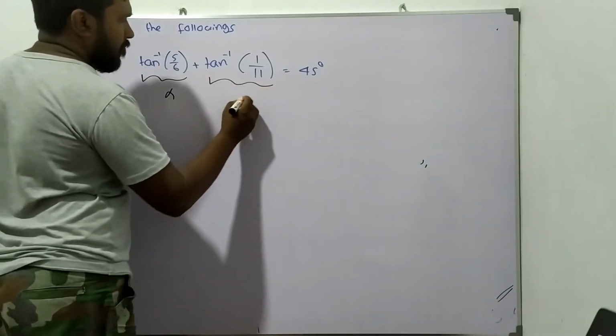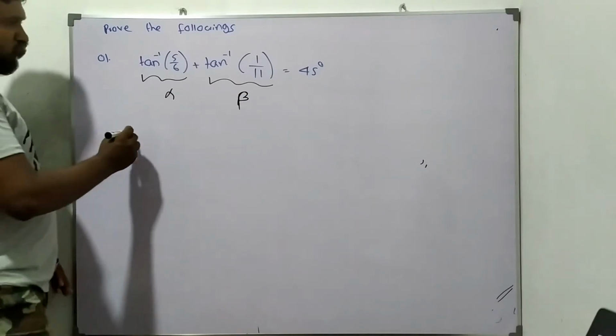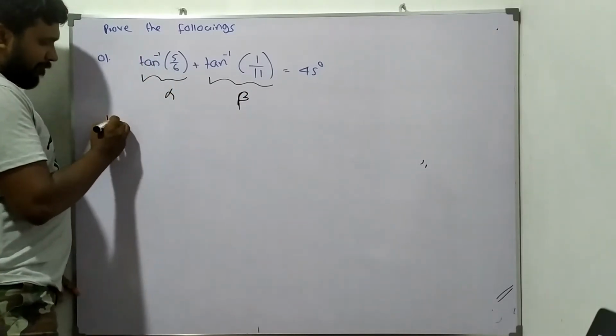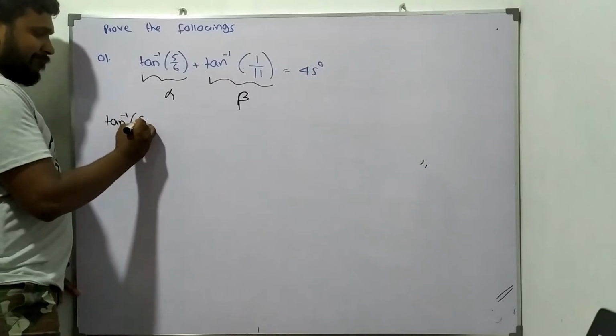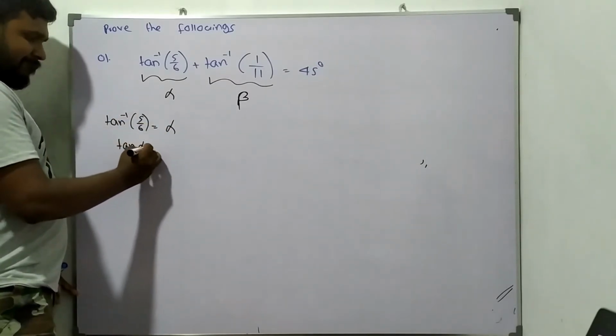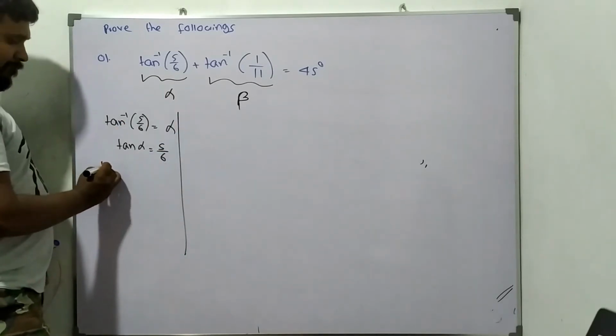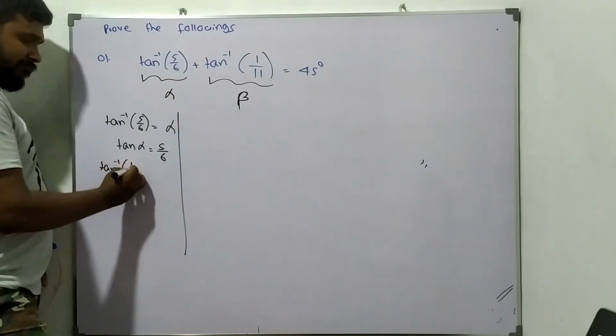This is alpha, this is beta. Tan inverse 5 over 6 is alpha, which means tan alpha equals 5 over 6. And tan beta equals 1 over 11 likewise.